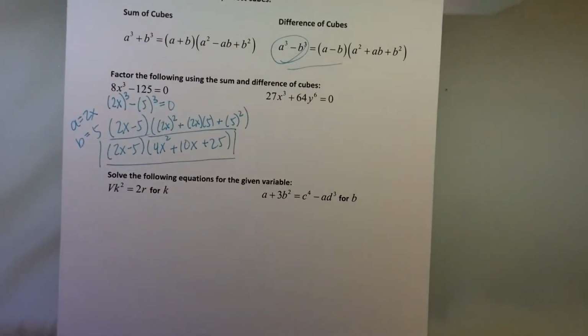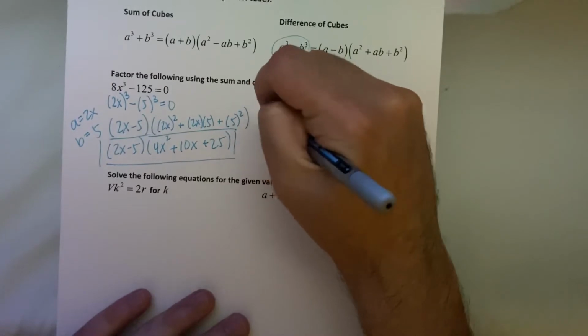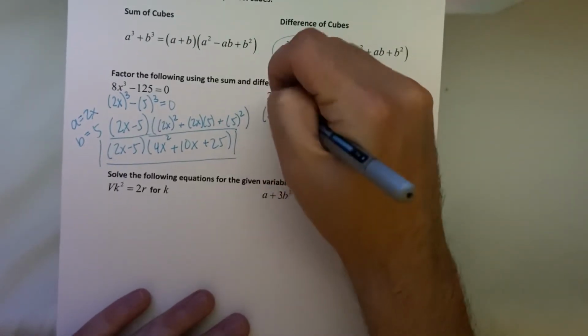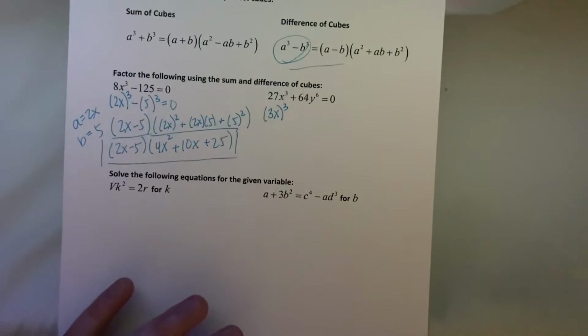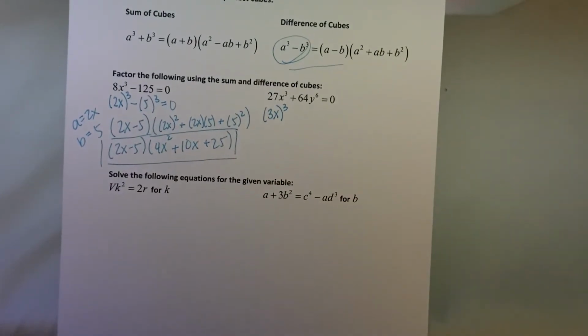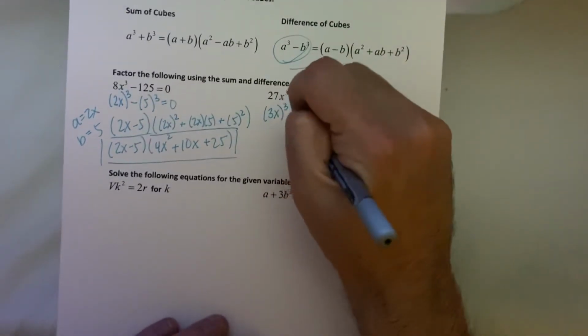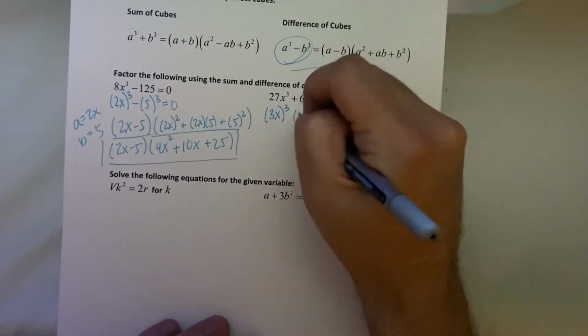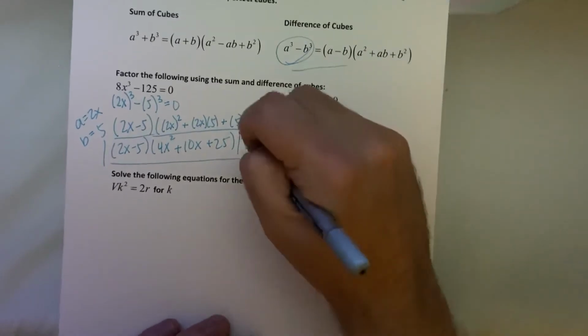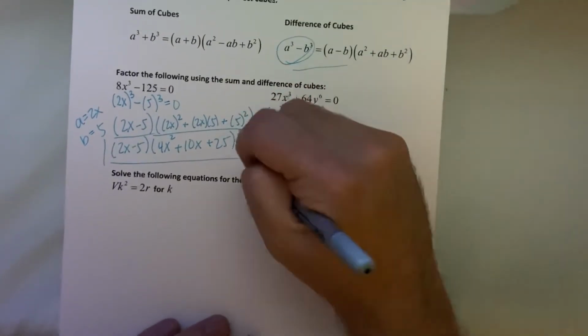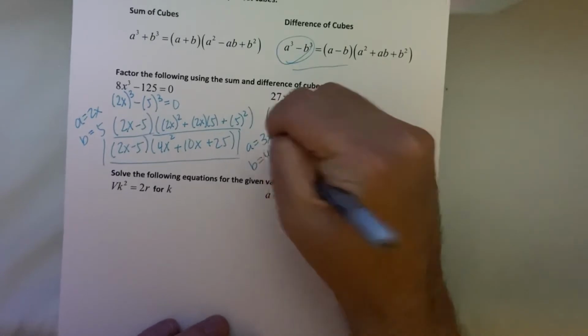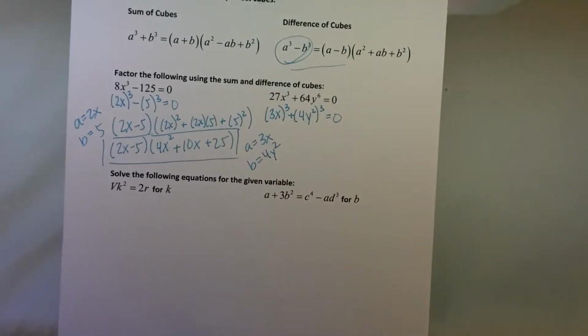Let's try this again. 27x cubed. This is 3x cubed, because 3 cubed is 27, and 64y to the 6th is 4y squared cubed. There's a plus in between. So in this case, my a is 3x, my b is 4y squared, and I can use this to use my formula.